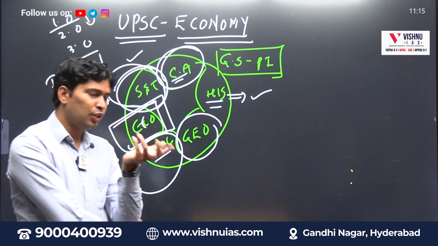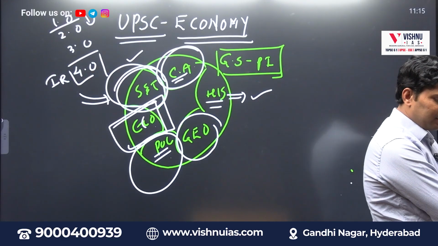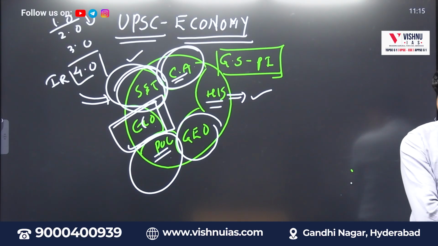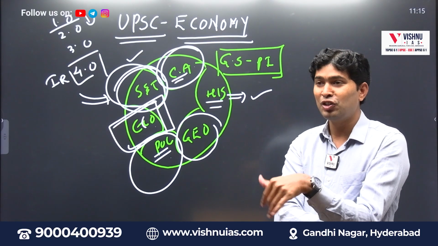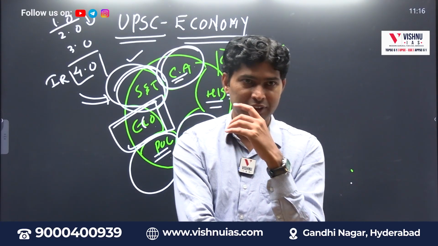So let's say you got selected as an IAS officer. As a district collector, 500 crores is allocated to your district. Under you, there are 6-7 subdivisions, which are headed by RDOs, Revenue Divisional Officers, or Deputy Collectors.